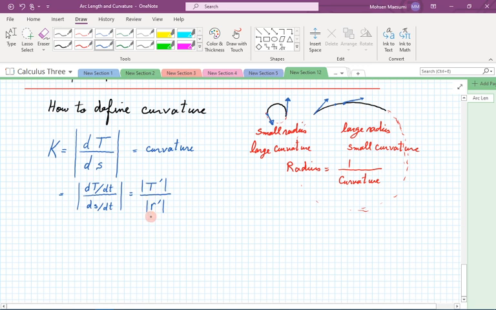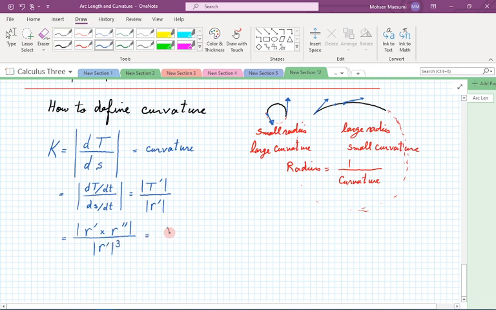There is still work involved in doing that, and another style of calculating this is r prime, that's our velocity, times r double prime, which is our acceleration, and this is a cross product. You learn about cross products in Calc 2. Take the absolute value of that and divide it by r prime, that's your velocity, cubed.